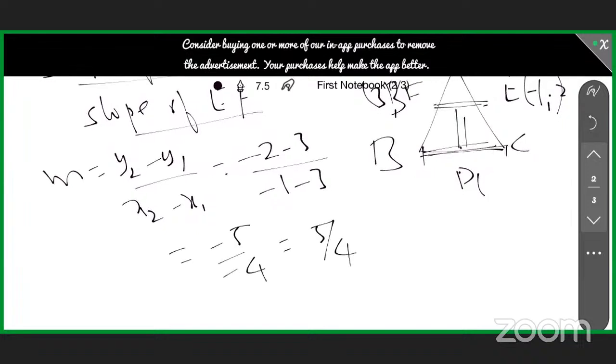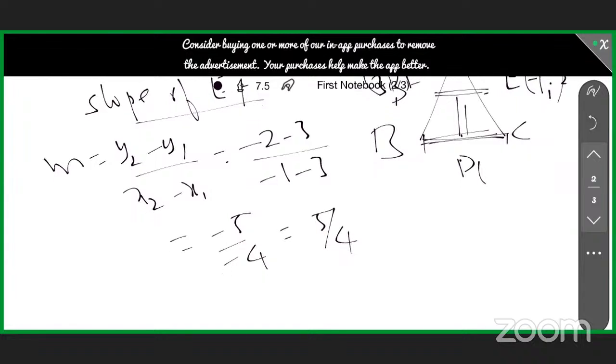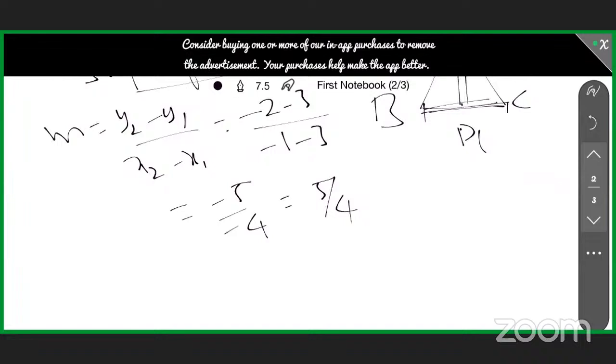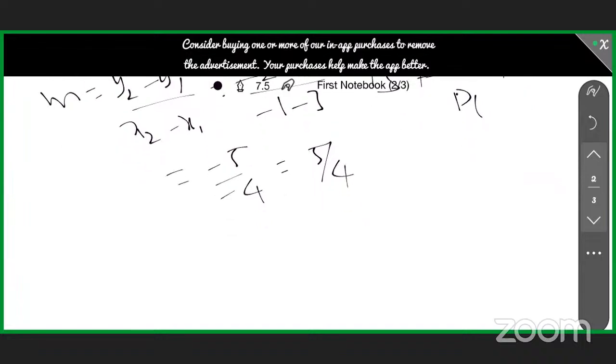This is the slope of EF. We know the slope of EF is equal to the slope of BC, because parallel lines have equal slopes. Therefore, the slope of BC is 5 by 4.